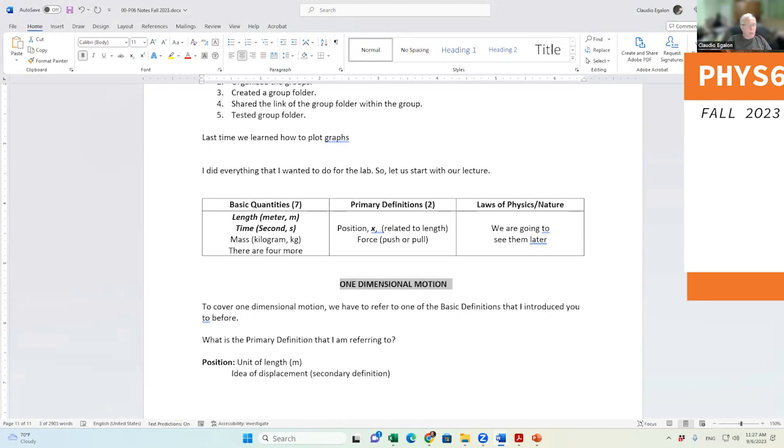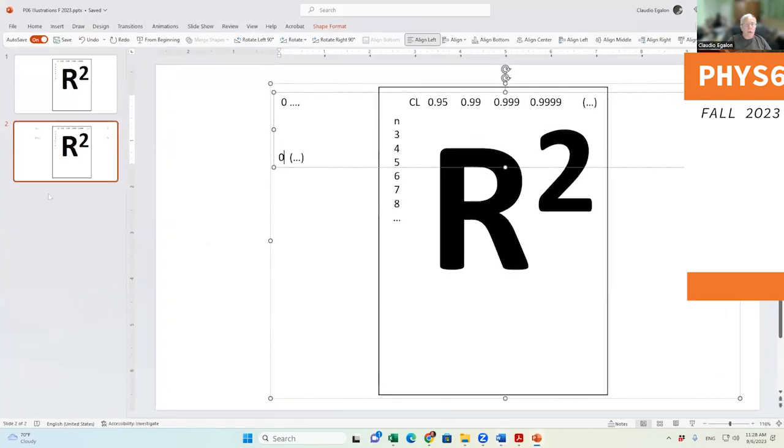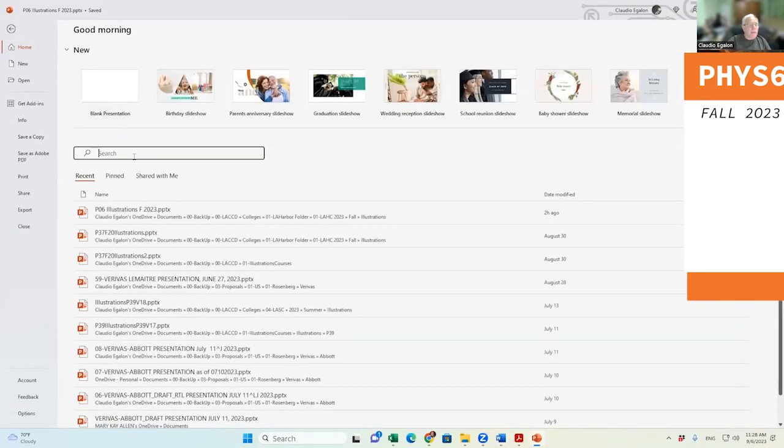In order to come up with a one-dimensional motion, we have to use that idea of position, the primary definition, position x. The unit of length of the position is meter, and you need something else too.